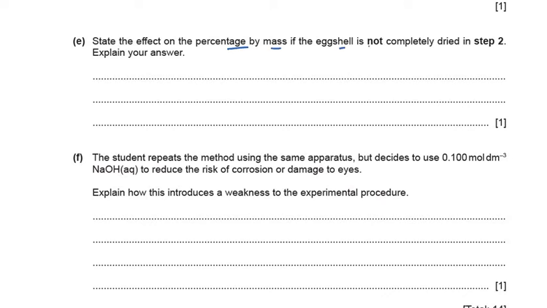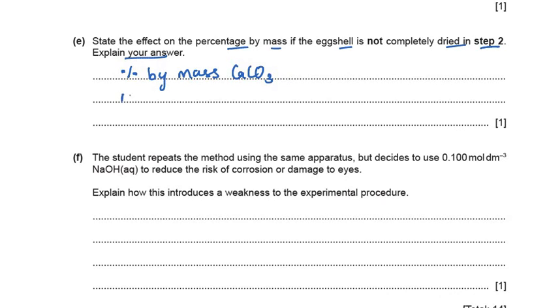Let's go ahead with the next sub question, which says: state the effect on the percentage by mass if the eggshell is not completely dried in step 2 and explain your answer. Now if it is not dried, then the percentage by mass of calcium carbonate would be less. Why?